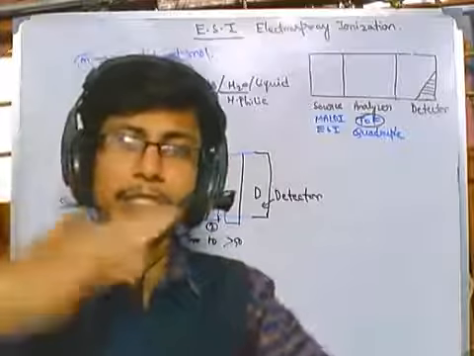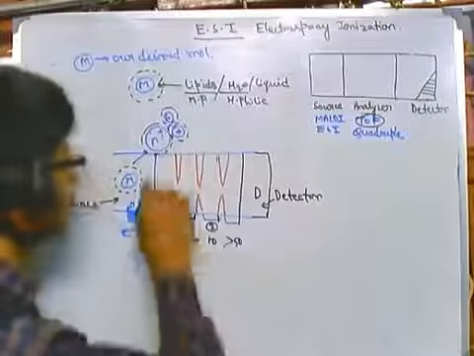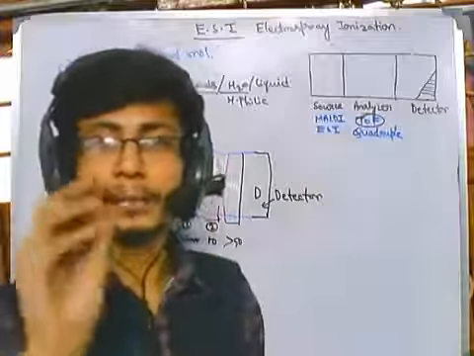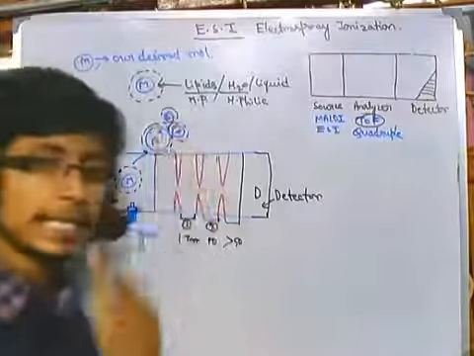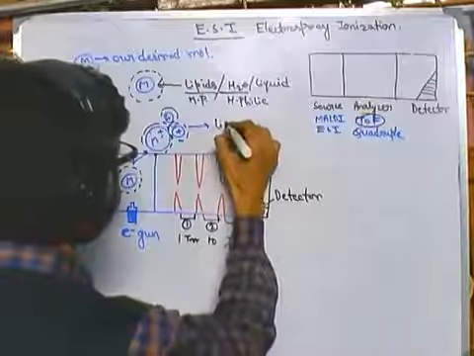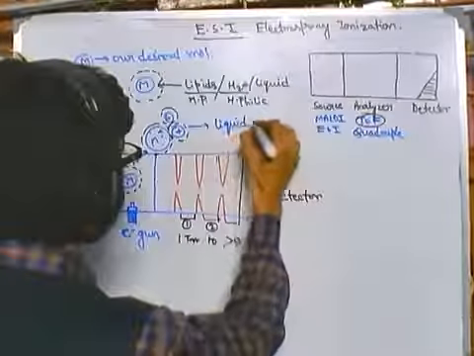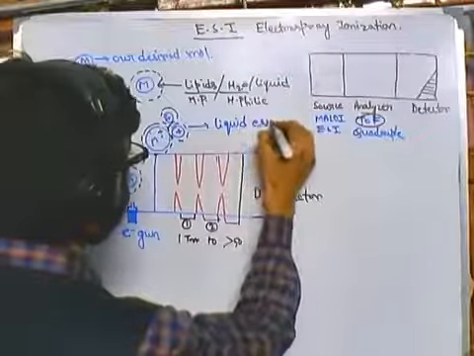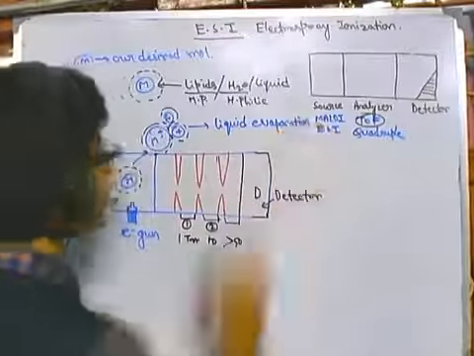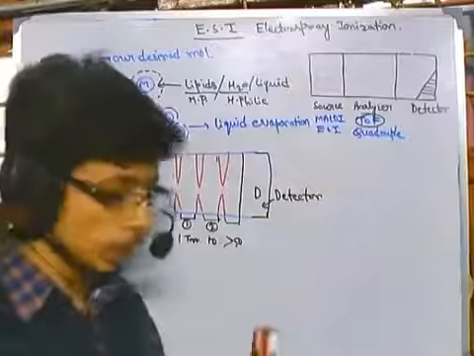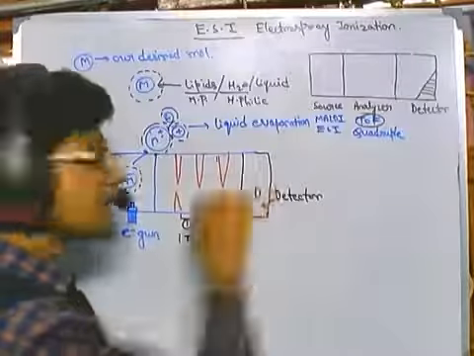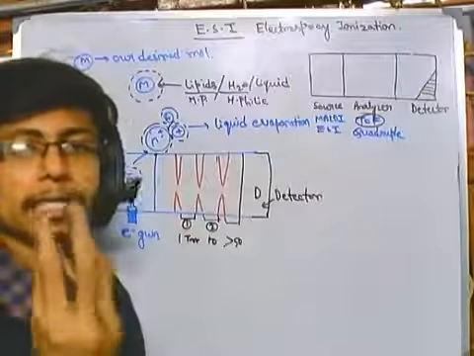As we are increasing pressure as well as heat, these micro droplet structures are literally losing the liquid part, because the liquid part is getting evaporated. That is a very important point. So liquid evaporation is going on. After that, when it travels through this analyzer and reaches the detector, only the particles remain.